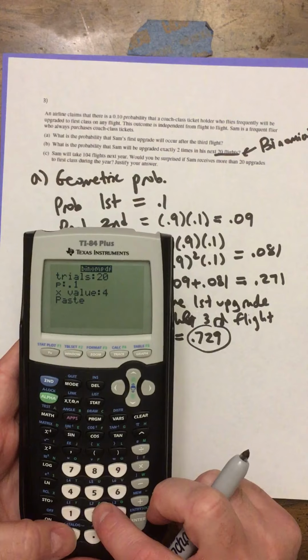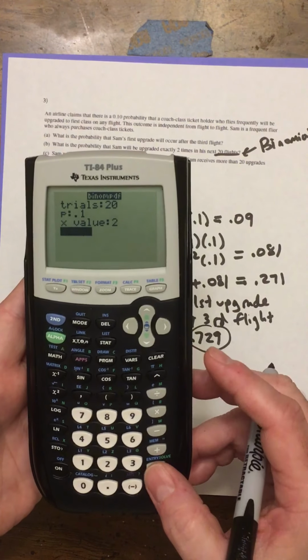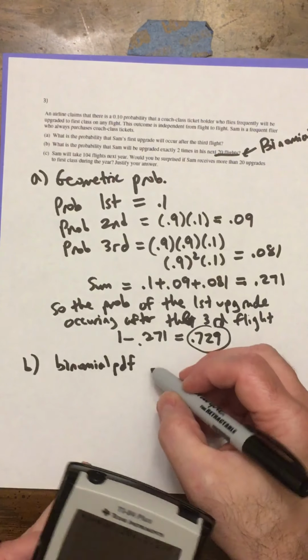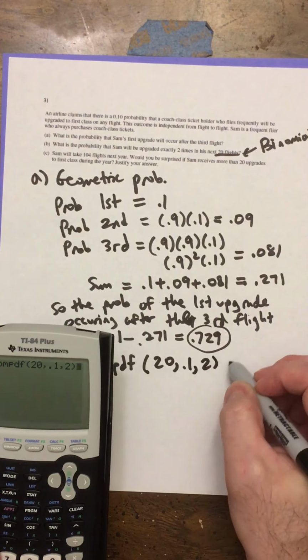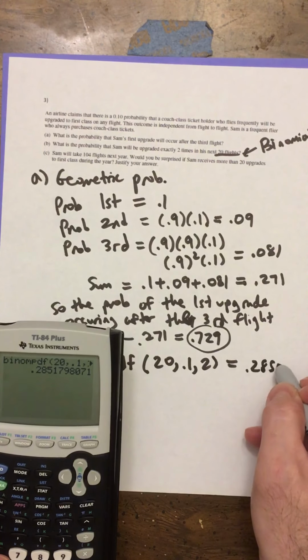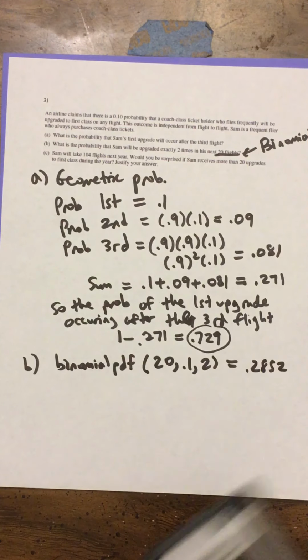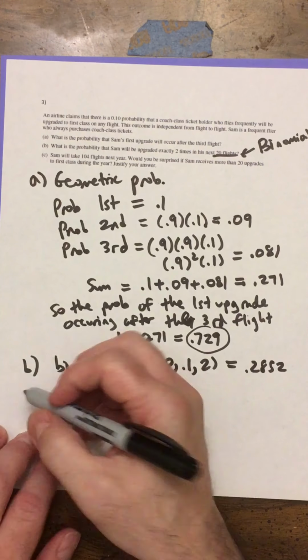We're looking for exactly 2 out of those 20 flights being upgrades. So when we do this, we're going to be putting 20, 0.1, 2, and that gives us a probability of 0.2852. So there's a 28% chance that this will occur. 2 out of 20 flights will be upgrades, okay?